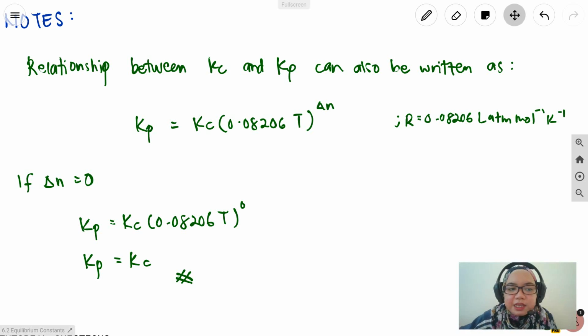When delta n is equal to 0, we can say that Kp is equal to Kc (0.08206 T) to the power of 0. When delta n equals 0, following mathematics rules, it becomes 1 here, right? So Kc times 1 equals Kc. So that is why Kp is equal to Kc.